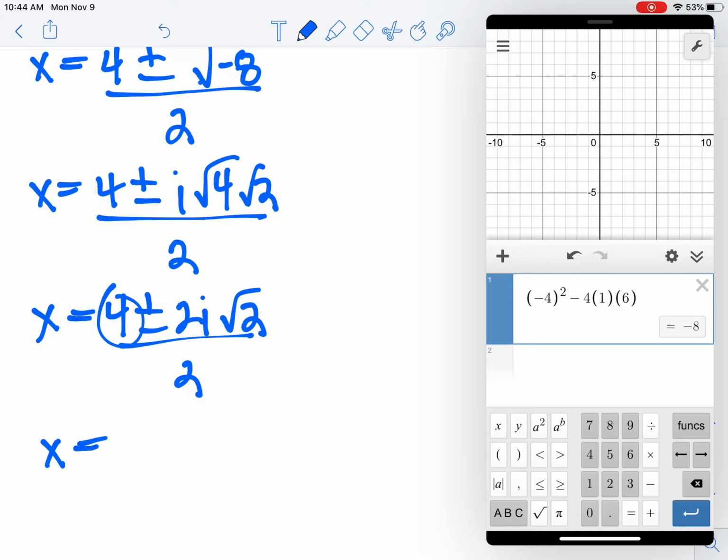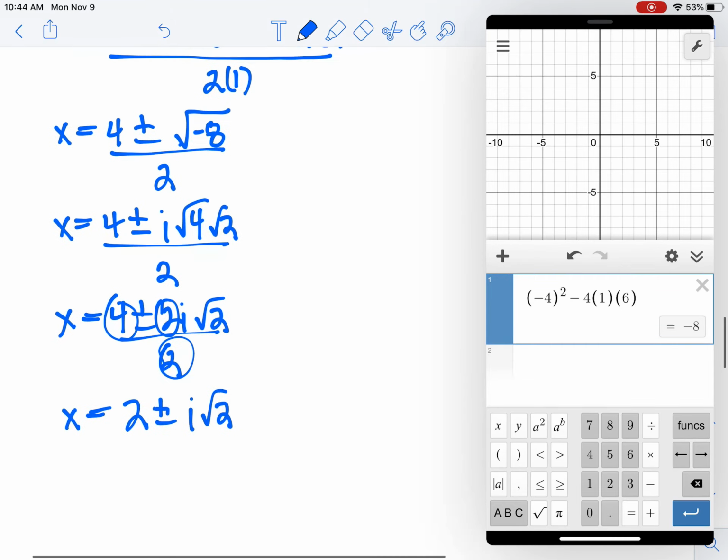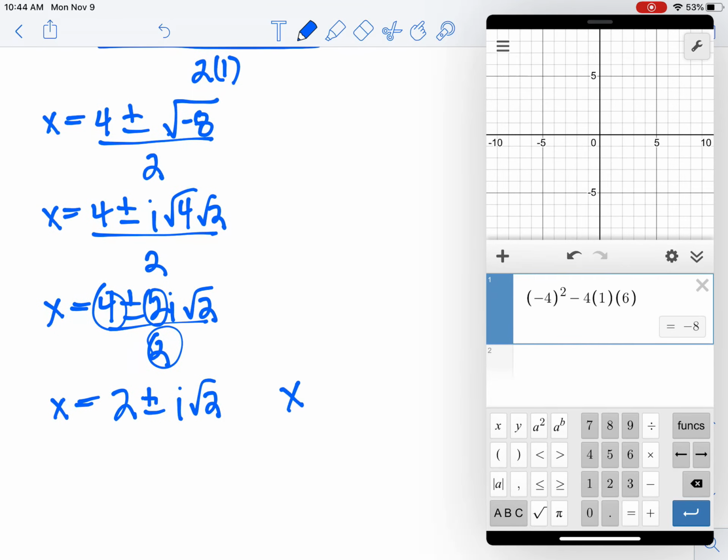All of those, the 4, the 2, and the 2, can be simplified by 2. 4 divided by 2 is 2. This 2i radical 2 will just turn into i radical 2. And if I divide that denominator by a 2, it just becomes 1. It cancels. So your 2 solutions here would be 2 plus i radical 2 and 2 minus i radical 2.